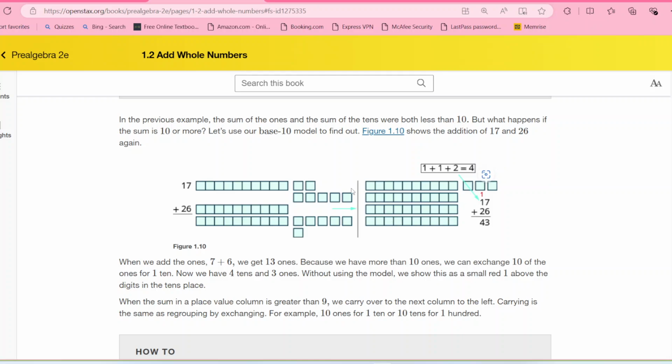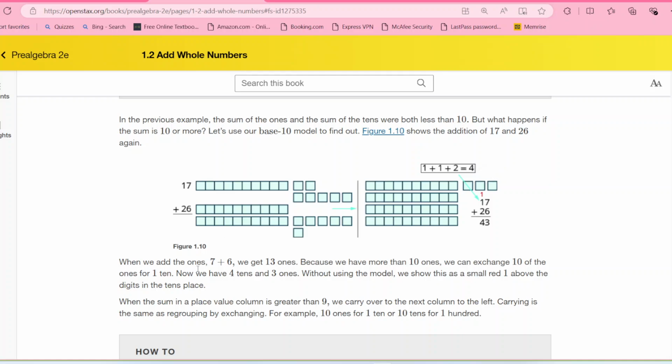So they exchanged 10 of the individual blocks for another tens rod, leaving you with 3 ones in the ones place. So they're going to denote that exchanging by putting another 10 above the tens column. You see the little red 1 here. And then you got 4 tens and 3 ones when you're all done, 43.